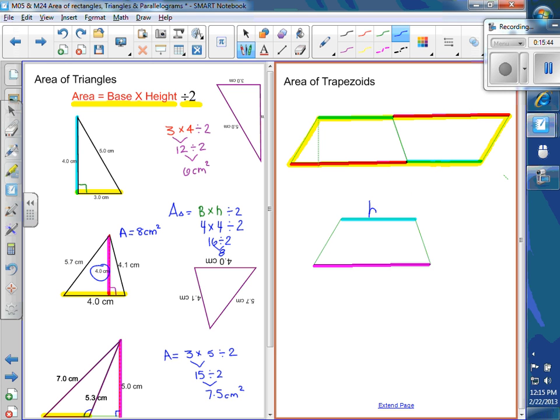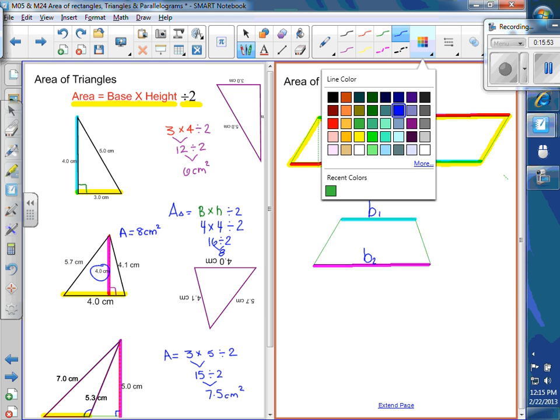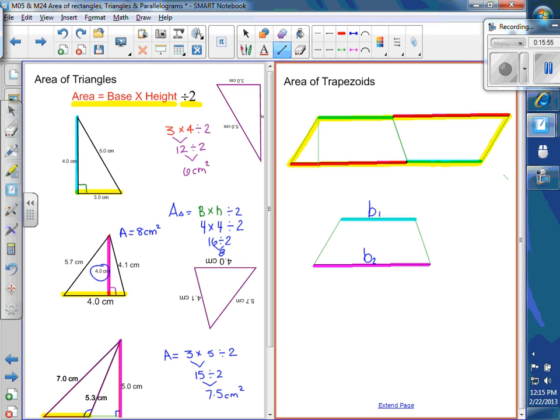In math books, you'll see this as base 1, and this is base 2, and then the height I'll use an H. Remember, it has to make that square angle.